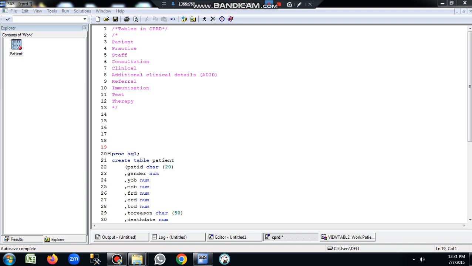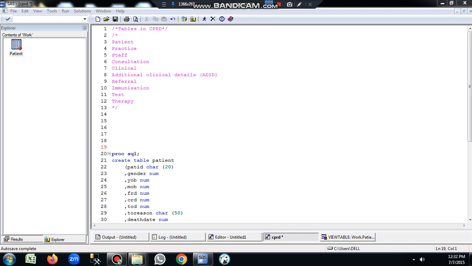Let us start with the patient table. The patient table contains patient demographics and the patient registration details. We will discuss the variables later on, but first we will get an overview of all the tables before we go deeper into each table.